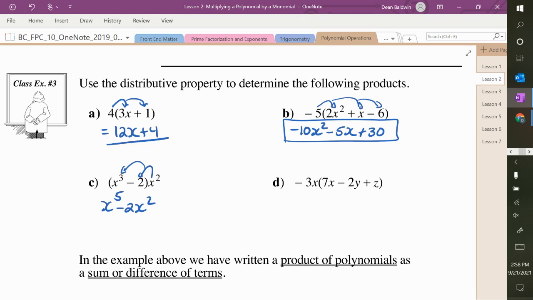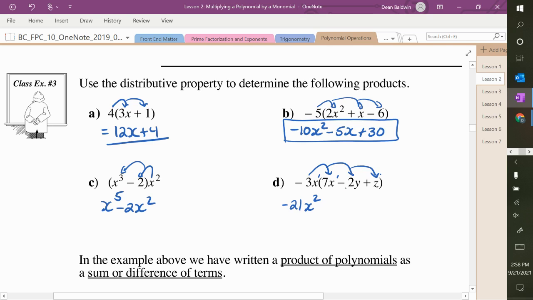Last one, negative 3x times all this. So, be careful with the signs. Negative 3 times 7, negative 21. x times x is x squared because you add the exponents on that. So the first term is negative 21x squared.